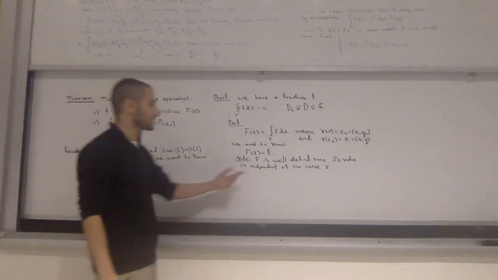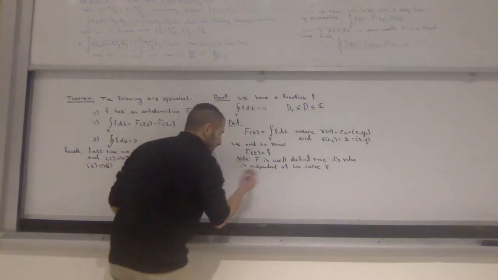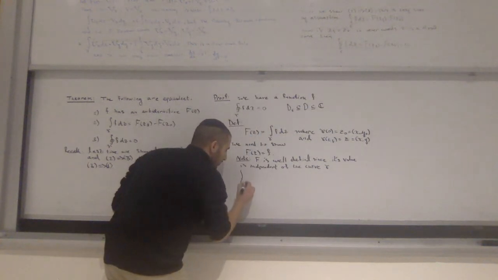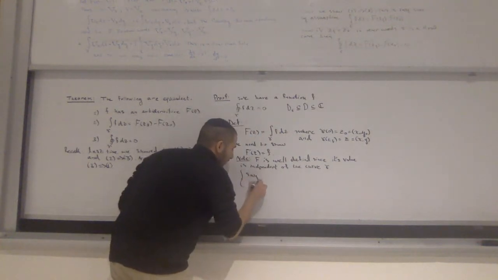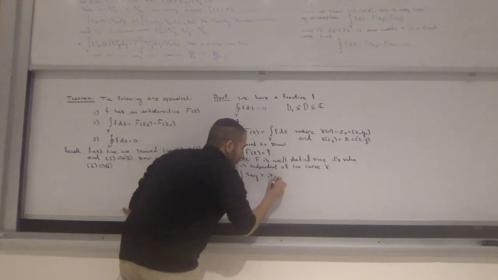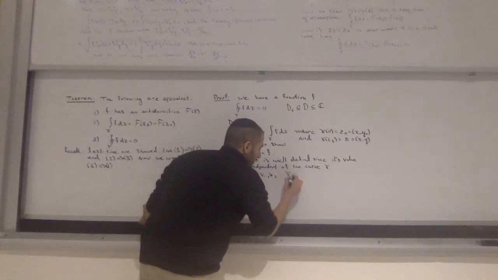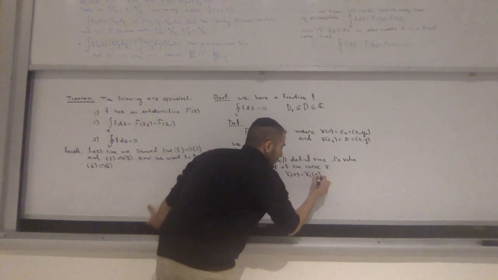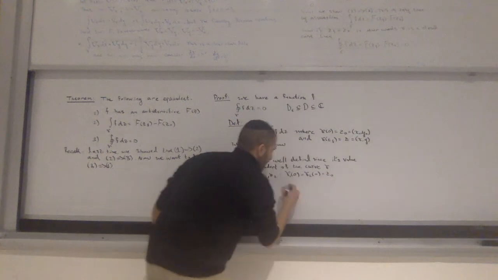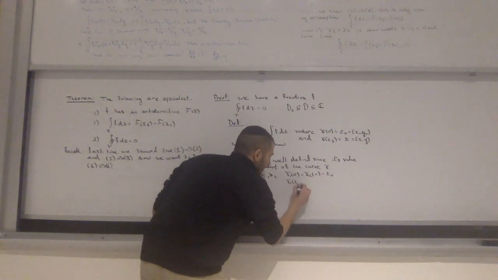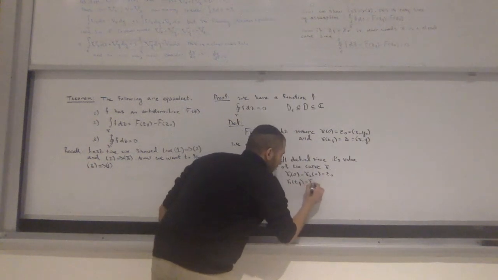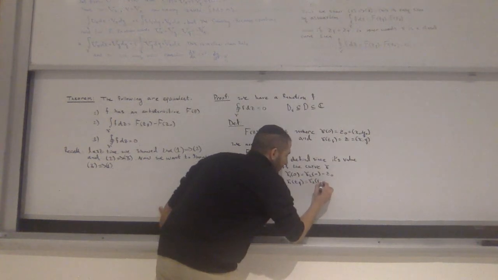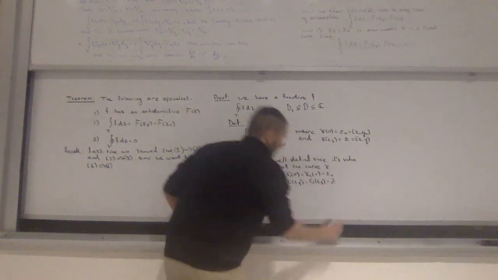Let's do a quick proof. Say we had gamma 1, gamma 2, each satisfying gamma 1 of 0 equals gamma 2 of 0 equals z naught, and gamma 1 of tf equals gamma 2 of tf equals z.